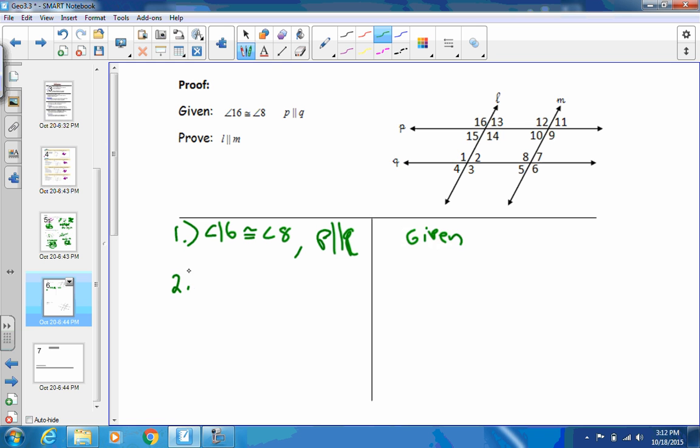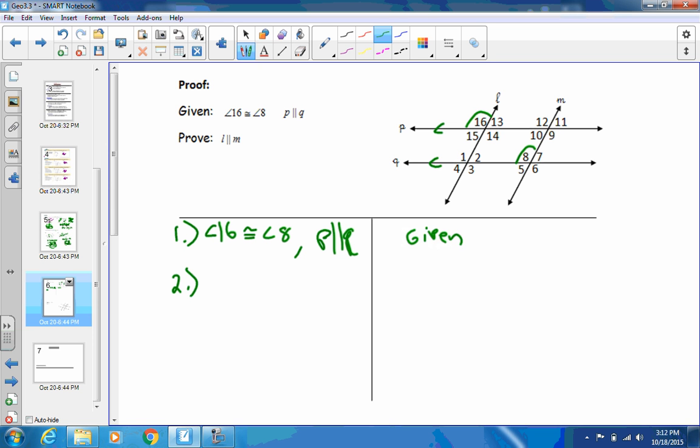So let's see, step 2. Anything else from the given? Well, if these are parallel, let's just look at the diagram then. We have that 16 is congruent to 8. We want to get to proving that line L and M are parallel.